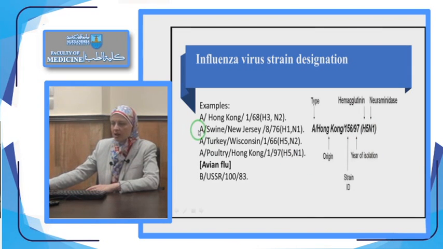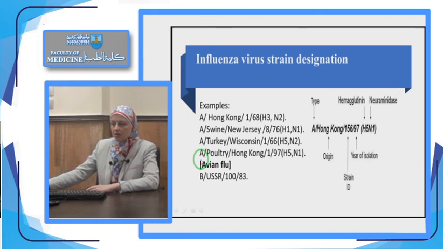So for example, we have type A influenza, and the geographic origin was Hong Kong. This is the number of the strain and the year, and it was H3N2. This is influenza A from swine origin, New Jersey. This is the number of the strain, the year, and it was H1N1, and so on.